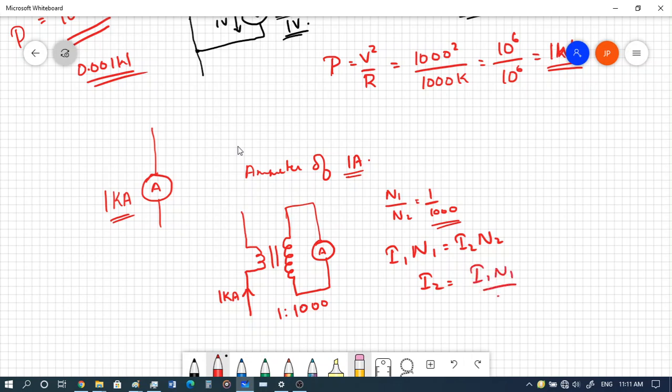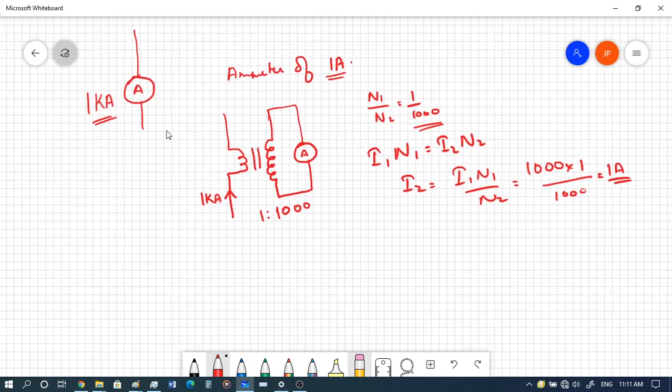I1 is 1000 amperes into N1 by N2 is 1 by 1000, which makes it 1 ampere. So here we obtain the current in the range of 1 ampere, and you can measure the corresponding 1 kilo amperes using a 1 ampere ammeter.